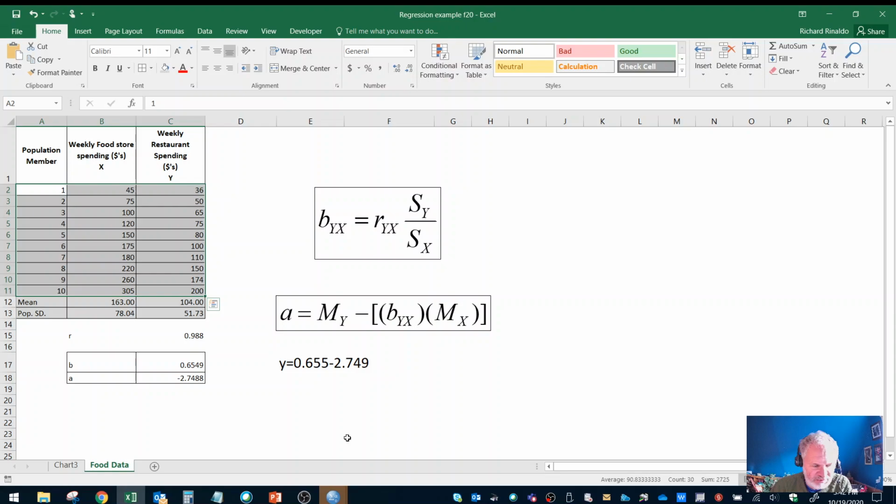There's my food. Here's my slope, so that's my B. And my constant is my A. So here's my 0.655, which replicates what we have here, and my 2.749.